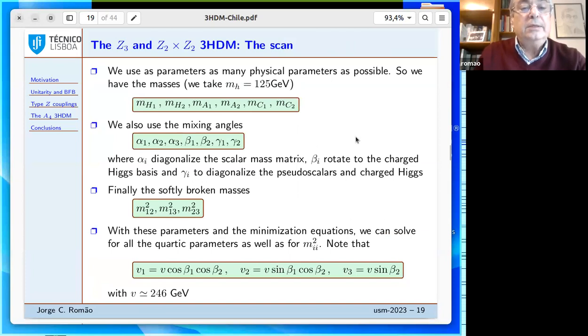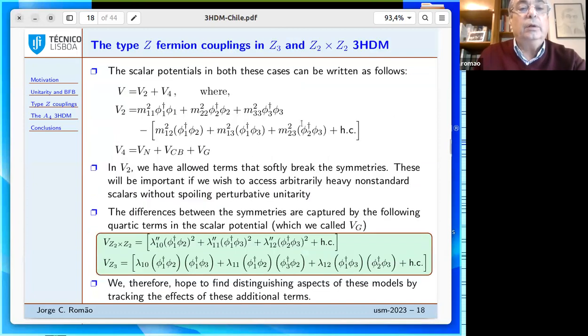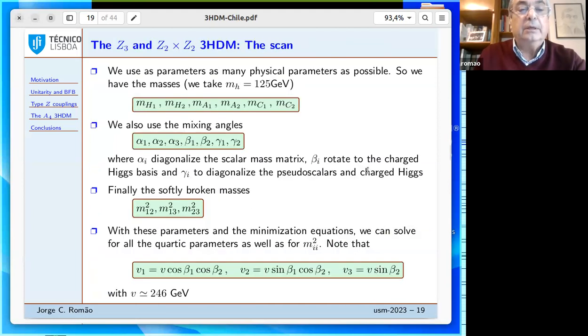And with this, you can invert, using minimization equations and expressions for the mass matrices, for all the coefficients that you have in this; all the lambdas can be written in terms of these parameters, and that's normally the most convenient thing to do.